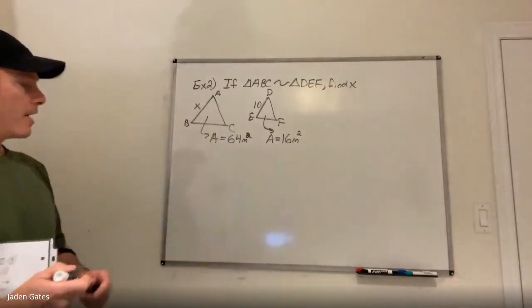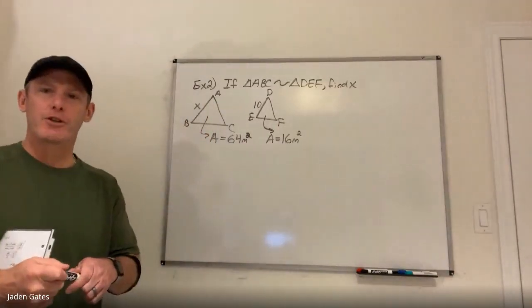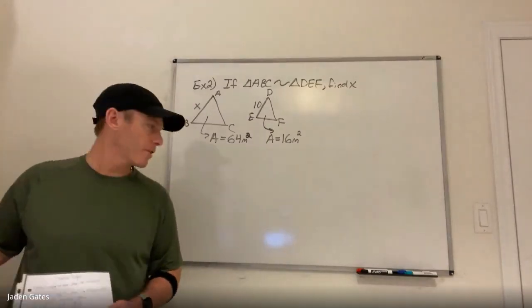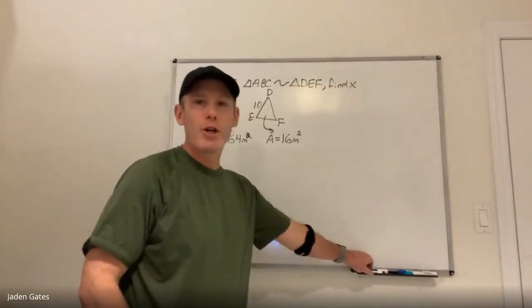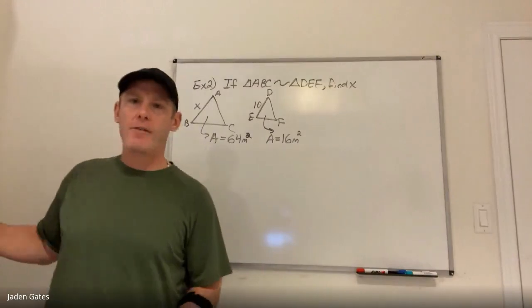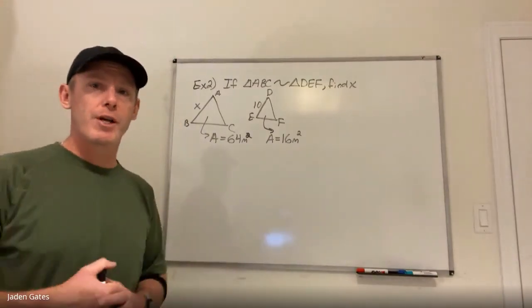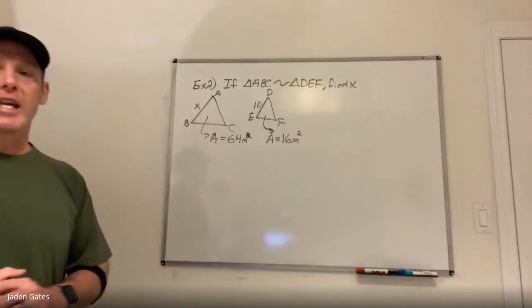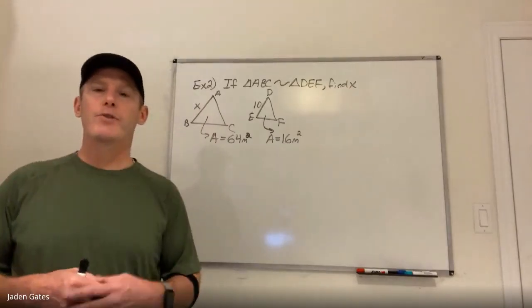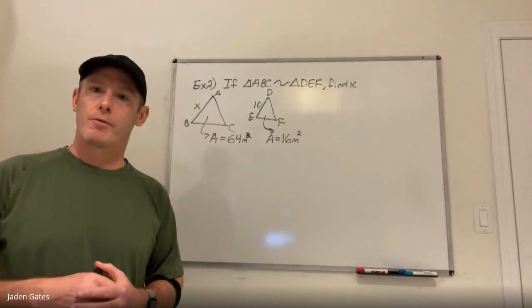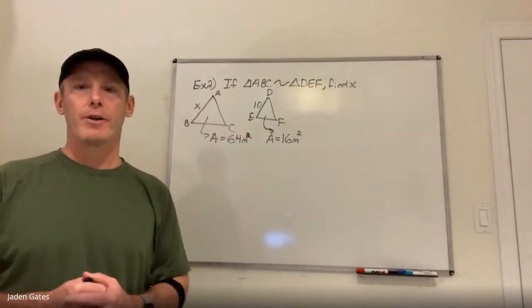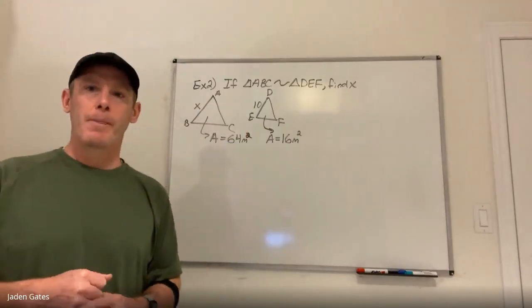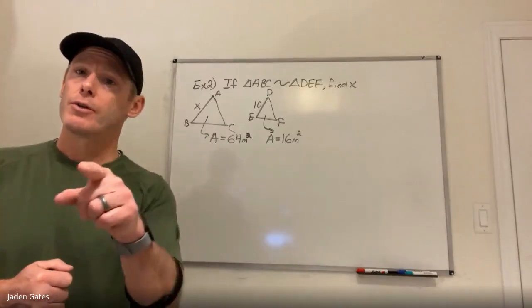All right, now, how does all this information help us find X? Well, I'm going to use my third property because I have an area of the triangles. I know that they're similar, and I'm trying to solve for a side X. Property number 3 says if you take the ratio of the areas, one area divided by the other, it is going to be equal to one of the side ratios squared.